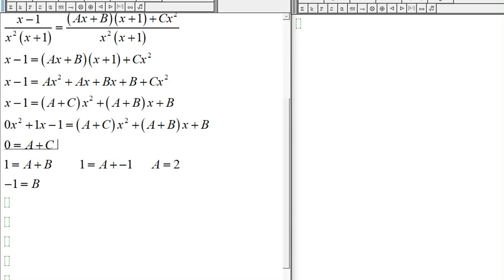And then from here we get 0 is equal to A plus C. A is 2, and then plus C, and so C has to equal negative 2.